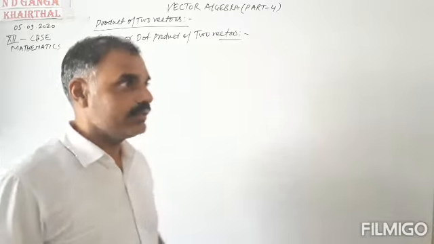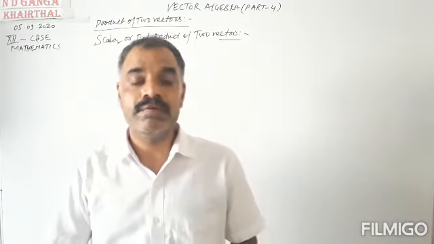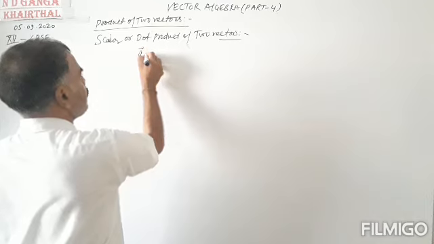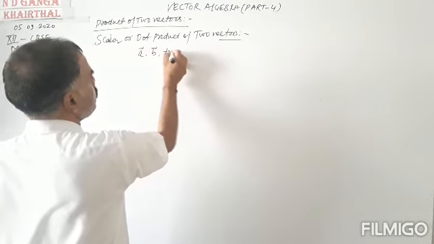Okay, so let us have two vectors, a vector and b vector. These are two non-zero vectors.